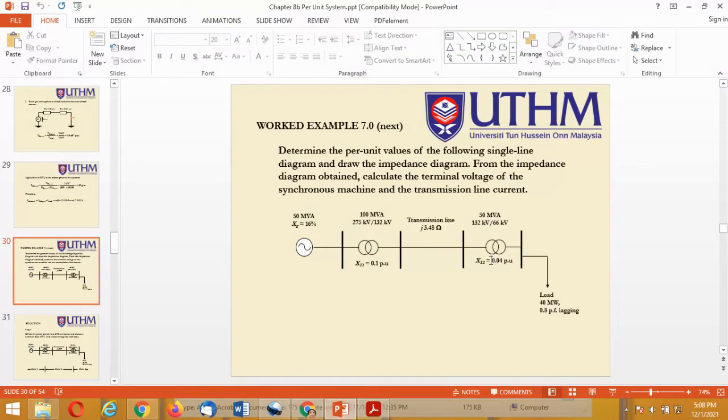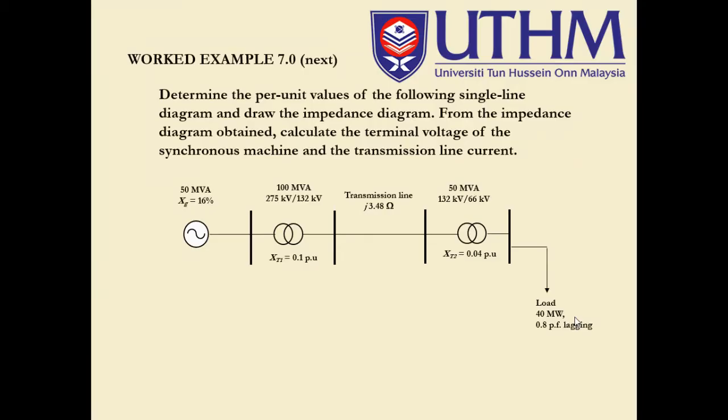Today, we will continue with chapter 8 on the topic of per unit system, and we have come to example number 7 on this particular circuit.